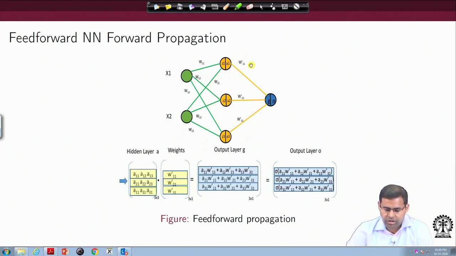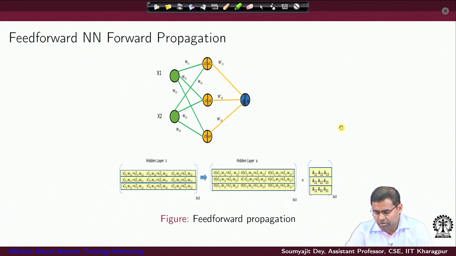So, essentially here what you have is a combination like this. What's really propagating? You have A11 multiplied by W11 prime plus A12 multiplied by W21 prime, A13 multiplied by W31 prime, these values. So, considering the first components that are coming out, that is what is coming out here, right.